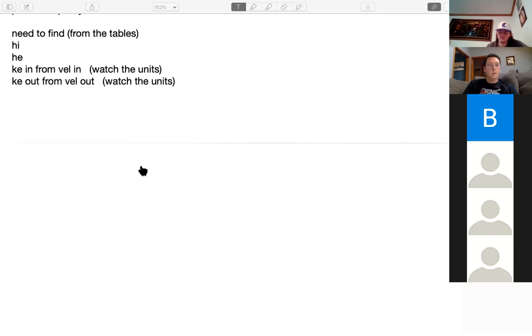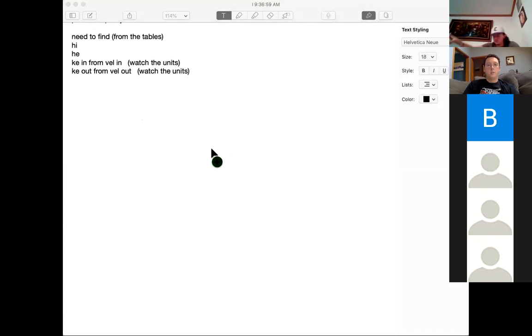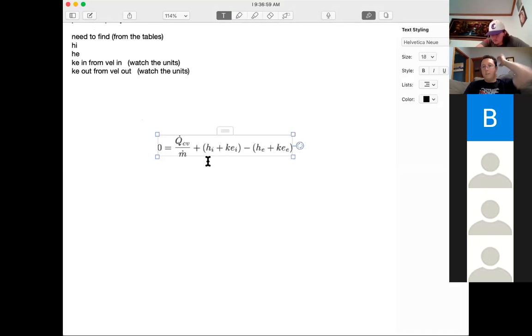Let me find it here. Yeah, these equations look better, but it's clunky as heck to get them typed and then transferred.